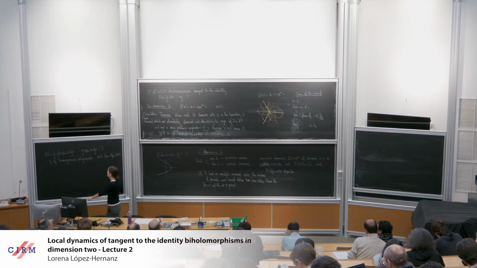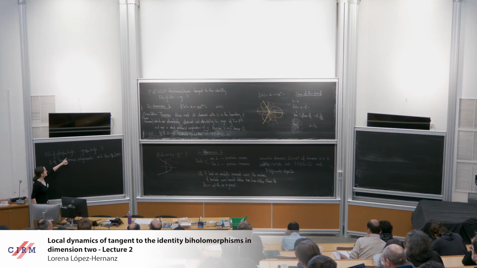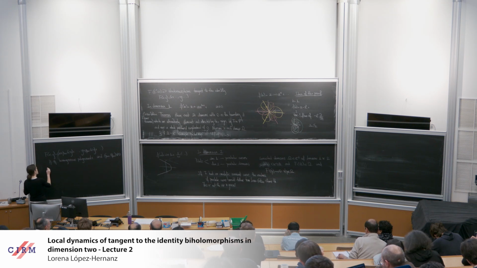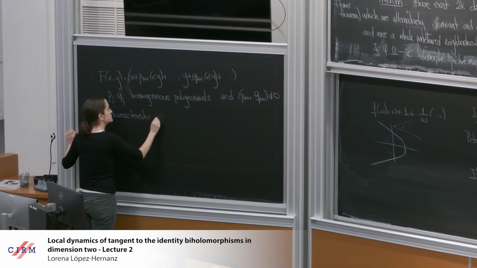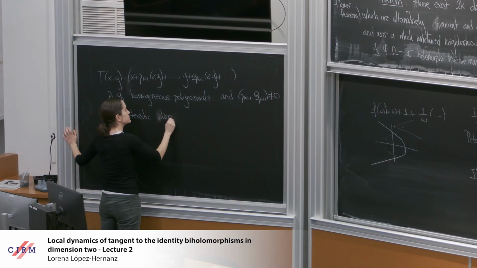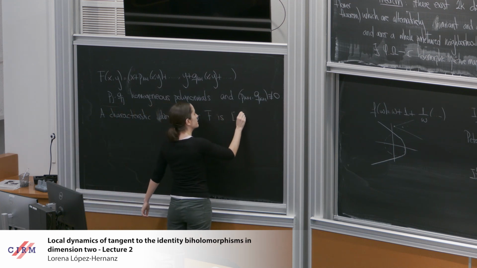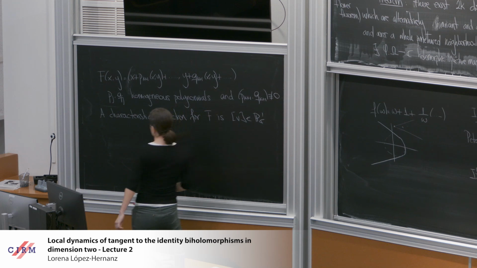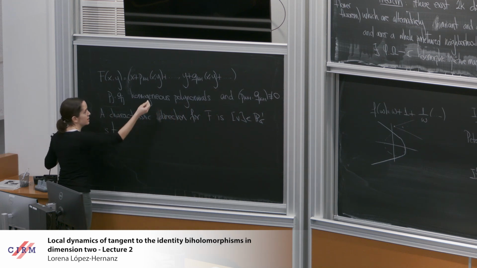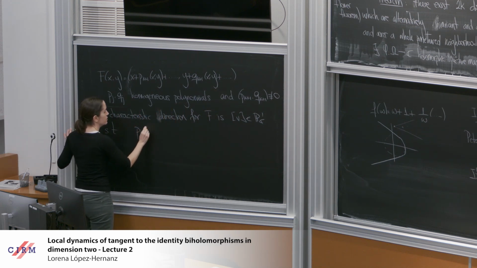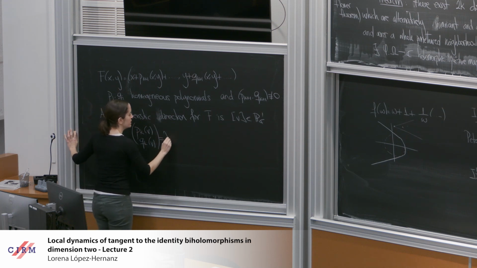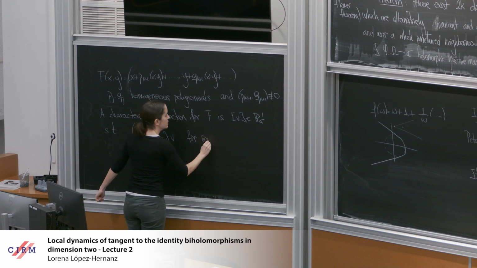Okay, so if we write our map in this way, we will define the so-called characteristic directions. A characteristic direction for F is a direction V such that pk of V, qk of V equals lambda V for some complex number lambda.